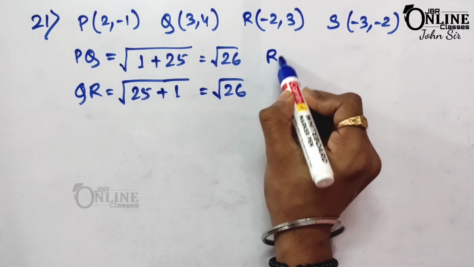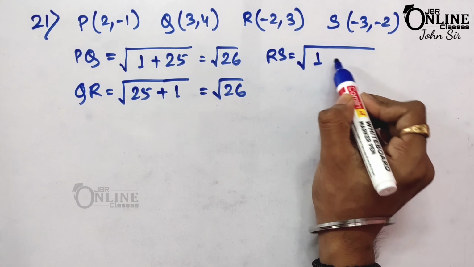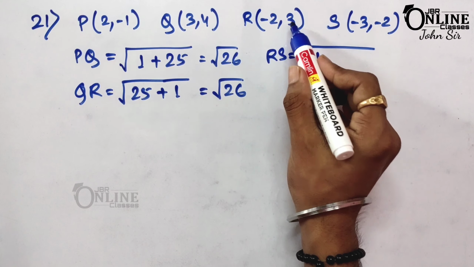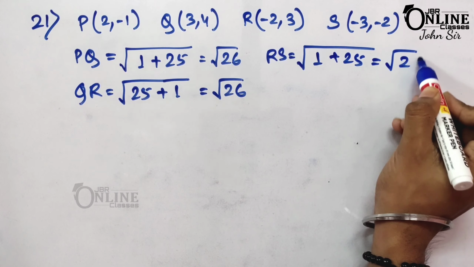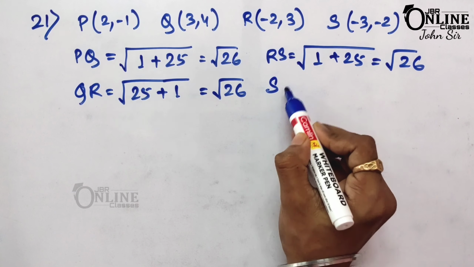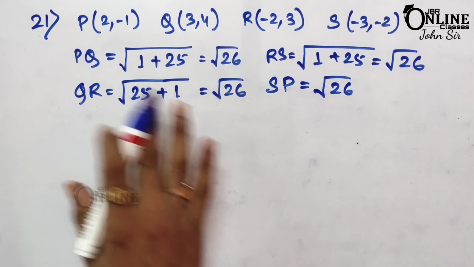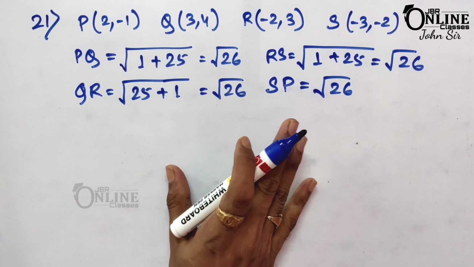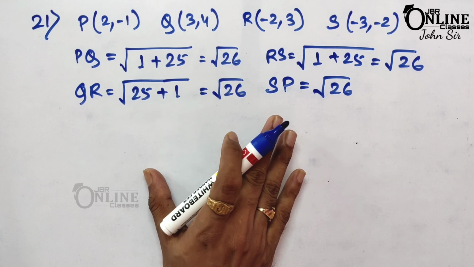Now RS equals minus 3 plus 2, that means minus 1 whole square, so 1, minus 2 minus 3, that means minus 5 whole square, that equals 25, so again root 26. And similarly you will also get SP equal to root 26. So now all sides are equal, that means PQRS is a square or a rhombus.